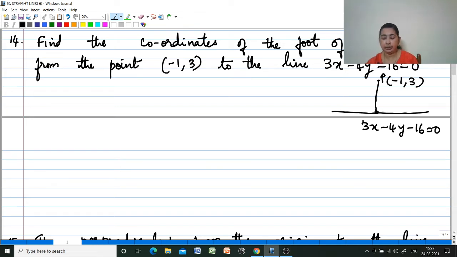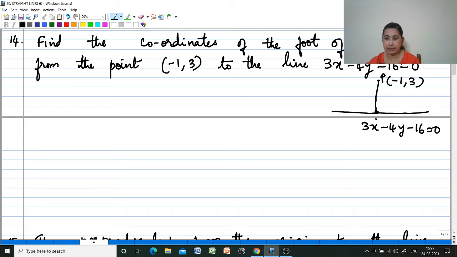So we know that the equation of a line perpendicular to this line, where the equation is 3x minus 4y minus 16 equal to 0, any line perpendicular to this line will be 4x plus 3y plus k equal to 0. That is, this will come to this side, this will go that side, and if it is negative it becomes positive.